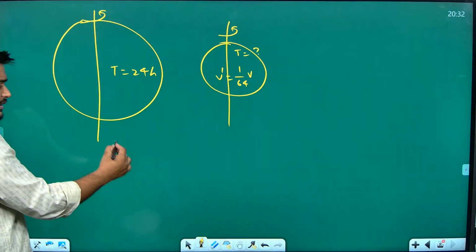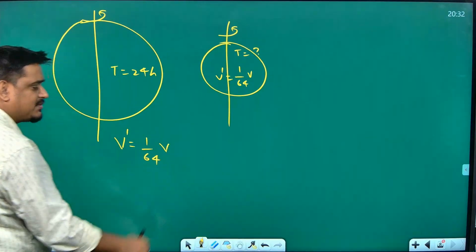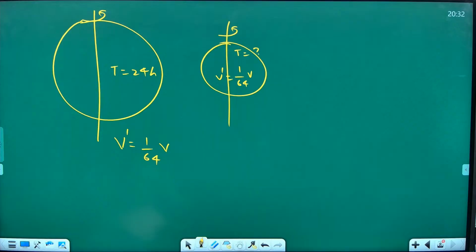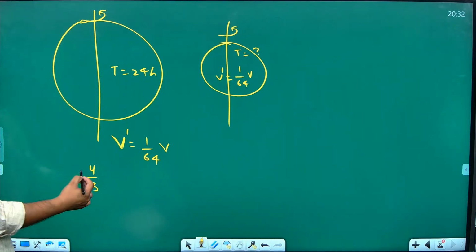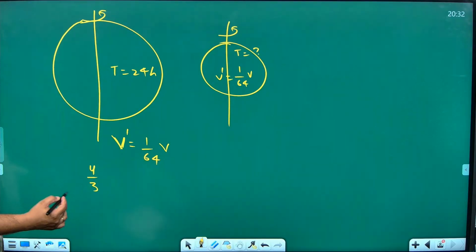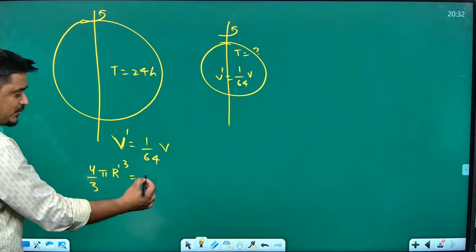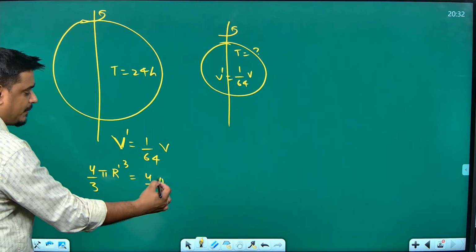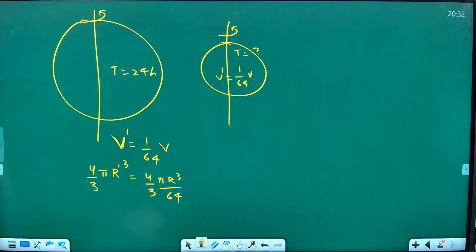The new volume has become 1 by 64 times the original volume. So this volume will become equal to what? I hope you know the volume of a sphere is 4 by 3 pi r cube. So 4 by 3 pi r dash cube is equal to 4 by 3 pi r cube by 64. Do you agree with me?